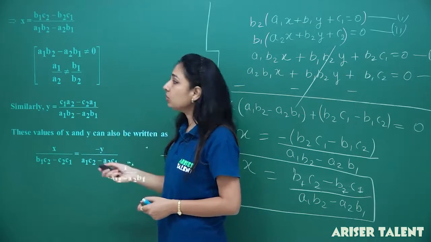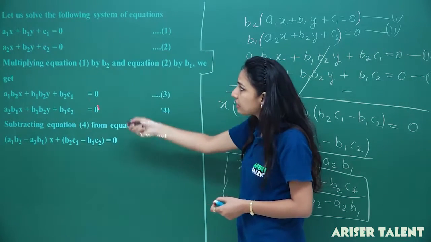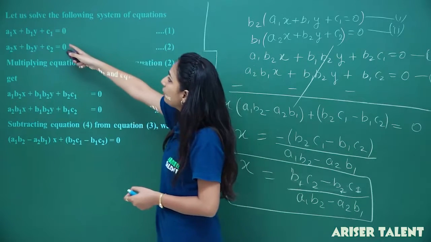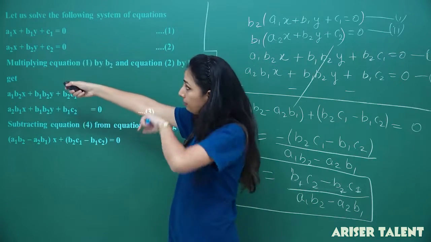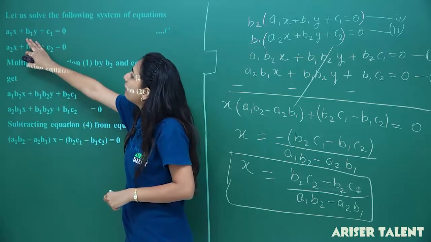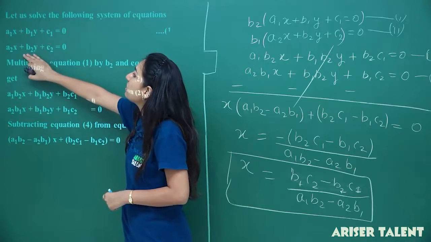This complete process is nothing but multiplication by b2 in equation 1, because equation 2 has b1 here. We have to make this term b1 b2 y and also this term b1 b2 y.